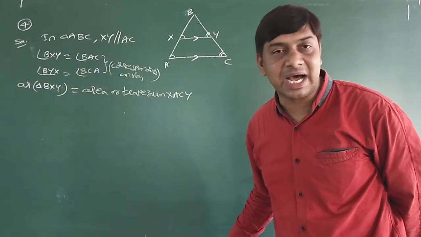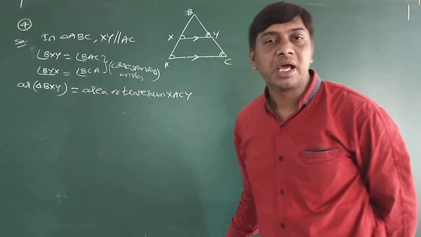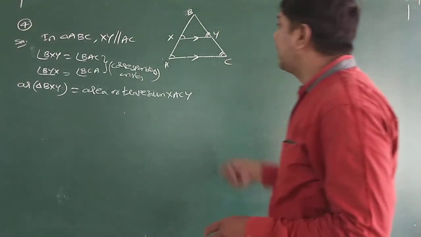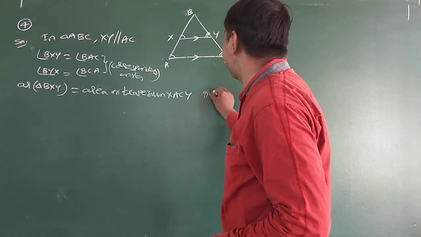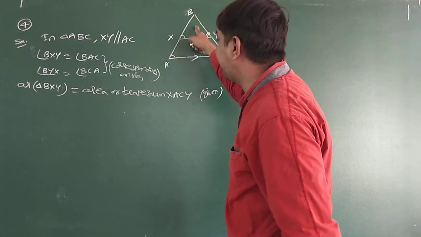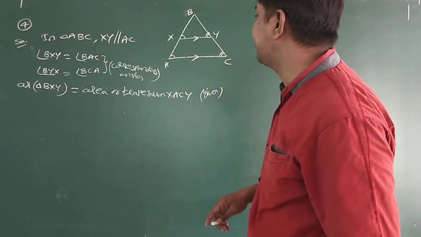Corresponding angles are equal. Now, what is given here is that the area of triangle BXY is equal to the area of the trapezium XACY.